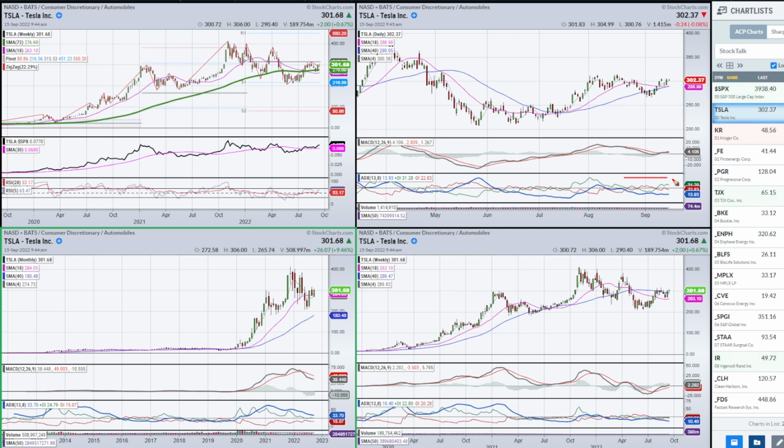But the problem we've got is low ADX on a daily chart and low ADX on a weekly chart. And when that happens, I shift my thinking to breakout. I want to see this breakout above this resistance zone up here, somewhere around 313, 314, something like that. I think if we can get through that, then I might consider this for a trading play.